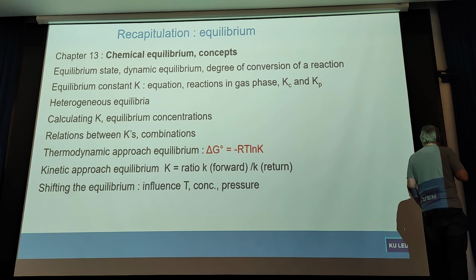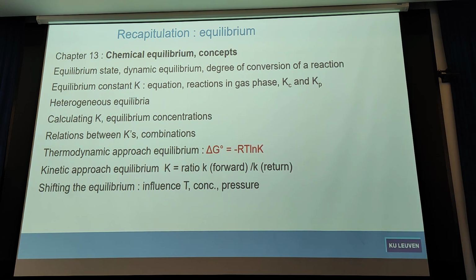So to express how much has actually occurred, we can use the degree of conversion, but most chemists prefer to use the equilibrium constant K as a measure of the conversion. In fact, both can be related to each other in some cases.